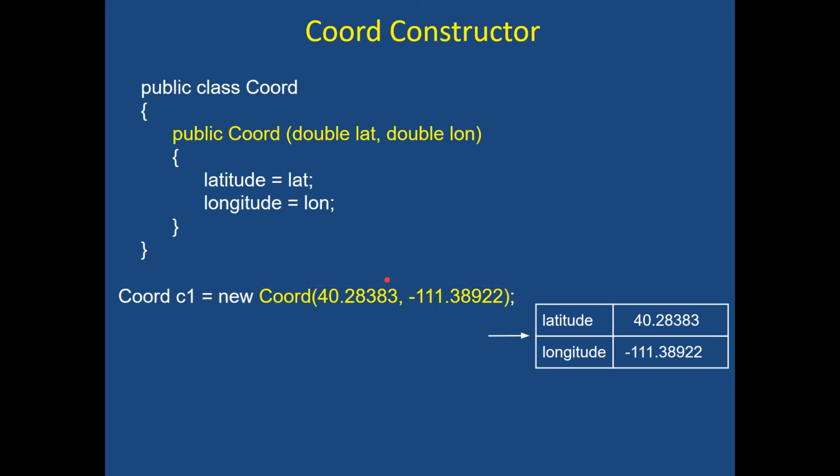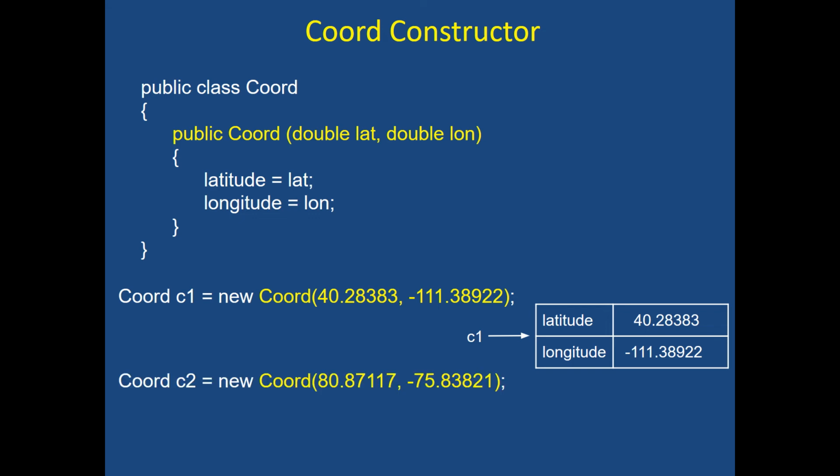What happens to that reference? It's stored into C1. So a variable like C1, that's not a primitive variable, primitive value, contains a reference to an object. So that's how, I've just shown you what happens when you create an object and store it in a variable.